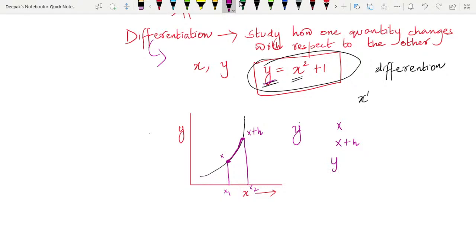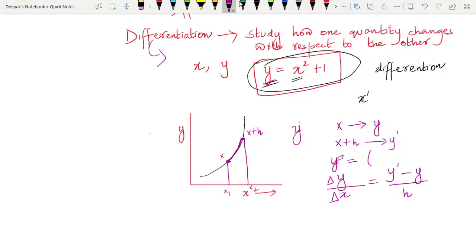So for that, let us say when x is this, y is y dash. So what will be y dash? Y dash is that. Now if you want to see how y changed with respect to x, delta y by delta x, then you will write y dash minus y divided by h.